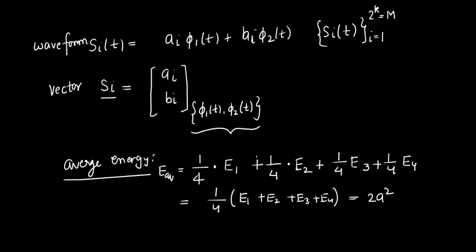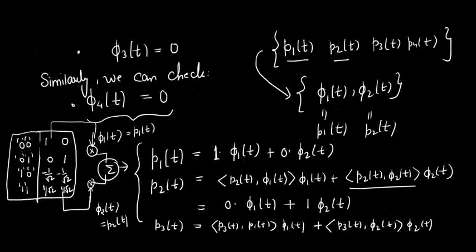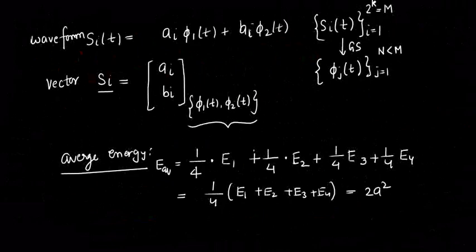And you have applied the Gram-Schmidt procedure and converted it to some n number. What was the notation we used in the last class? Anyway, this is the total number of waveforms. This will be this or this, right? Yes or no?